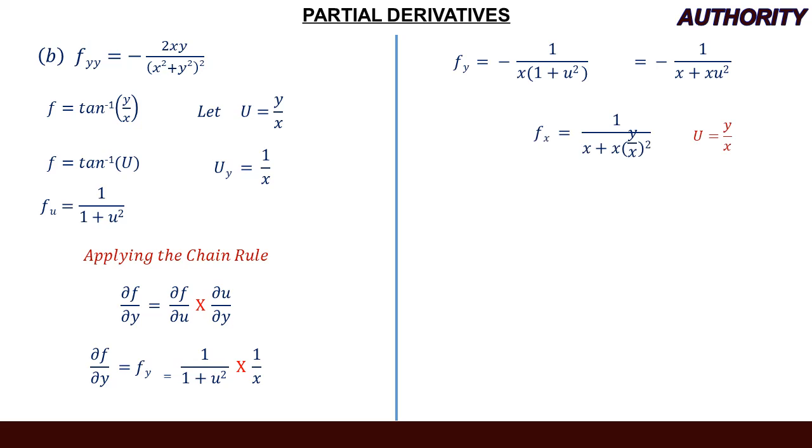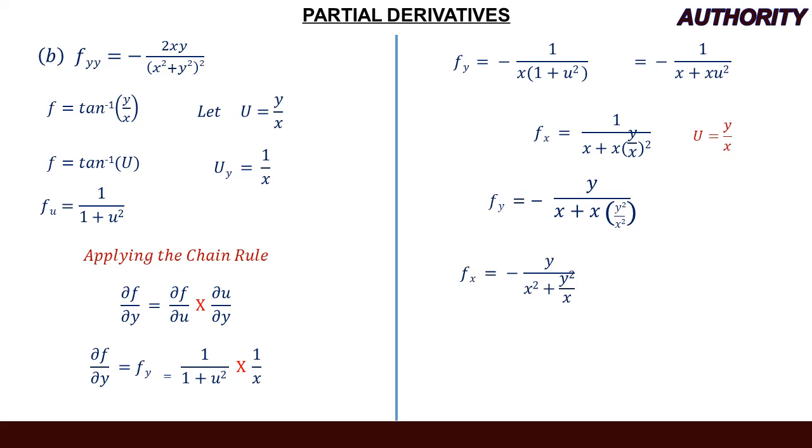Now this y all over x in bracket is going to partake in the squared, right? So when I partake, we are going to have 1 all over x plus x open bracket y squared all over x squared. Now pay attention to this denominator. Here we have x open bracket y squared all over x squared. So the x outside is going to cancel the x inside. All right, so we are going to be left with y squared all over x.